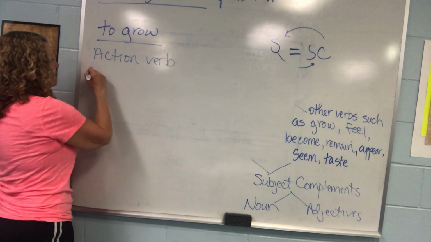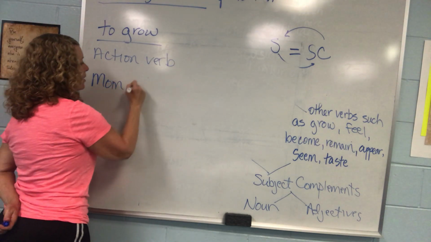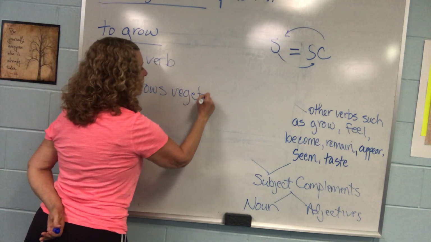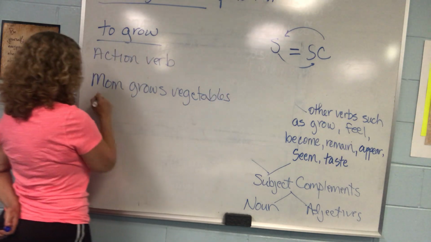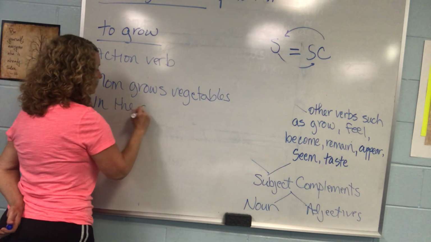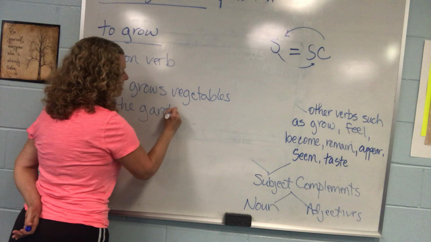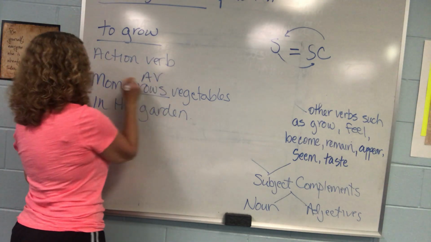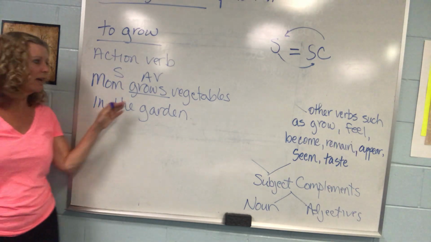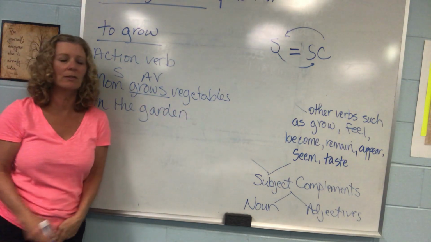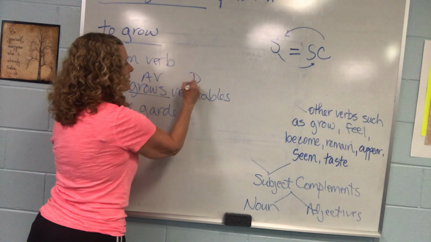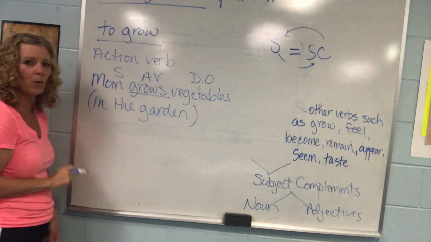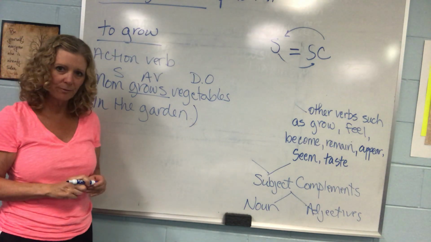So it would be, Mom grows vegetables in the garden. Okay, so this is using the word grow as an action verb. Mom is the subject. Mom grows what? Vegetables. So vegetables is the direct object, okay? And in the garden is a prep phrase that tells where those vegetables are grown.